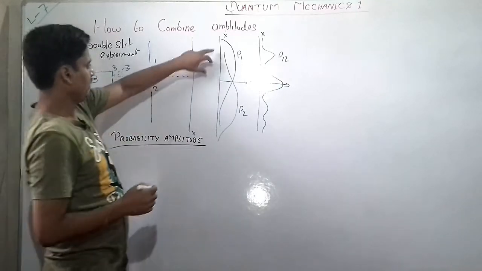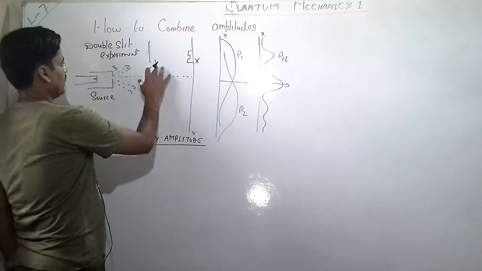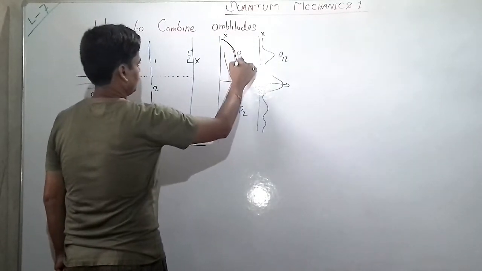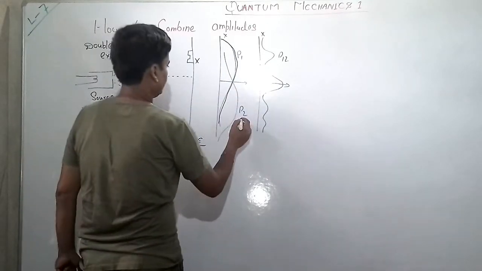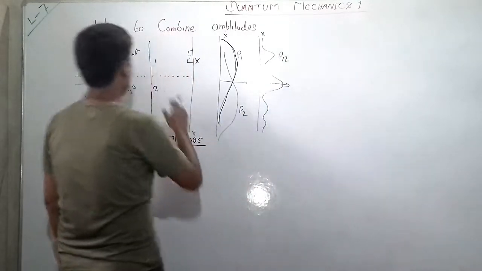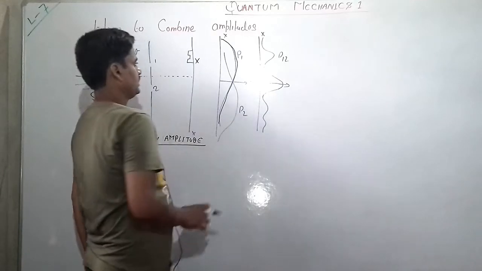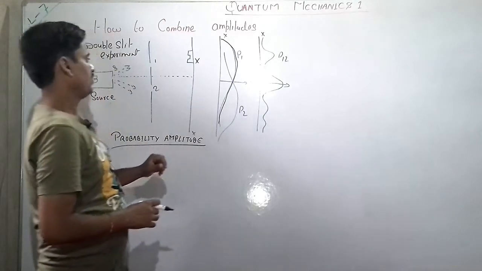And this is the probability graph when 1 is open and 2 is closed. This is the graph, probability graph P1. Again, this is P2, and this is the graph when both holes 1 and 2 are open. So you can see that it deviates from the classical interpretation.